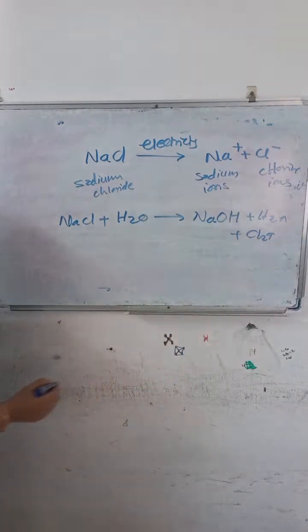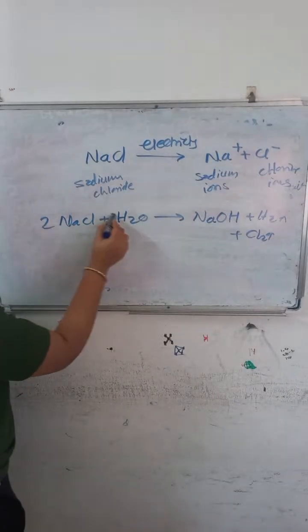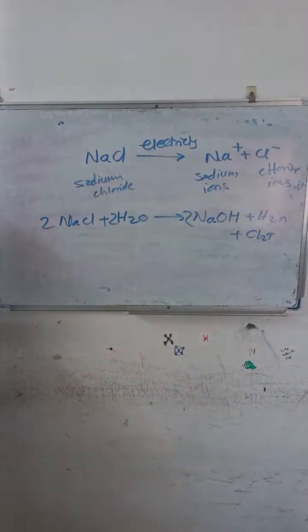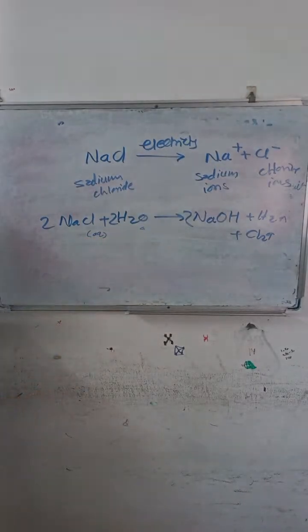So now if you want, you can balance this reaction. Here to balance, 2, 2 and here 2, because H2 and Cl2 are also there. So you can balance like this. This NaCl is aqueous in nature, this is also aqueous in nature, and H2 and Cl2 are gaseous.